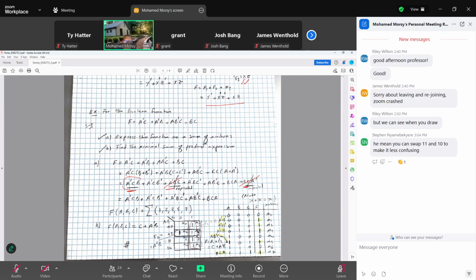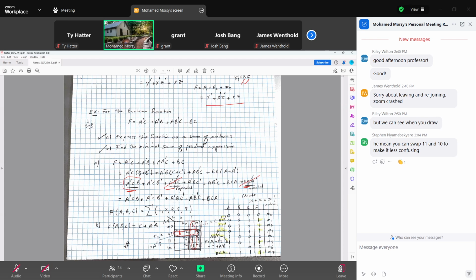Then we group the adjacent ones. We look at 8, we don't have. We look at 4, we can see here we have 4. So we take them in one box, one group. Then we have one left here, so we can take it with this one as another group. So we have 2 groups.